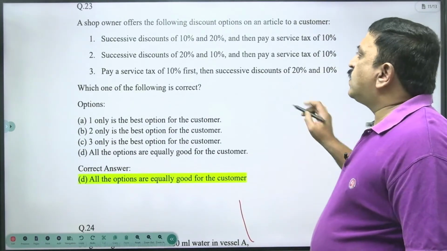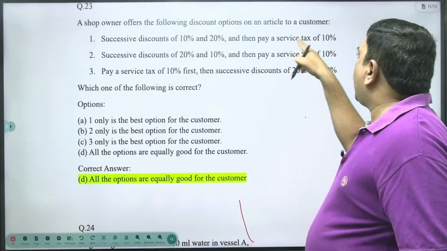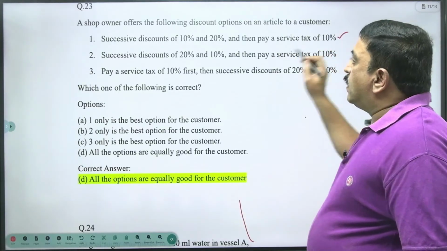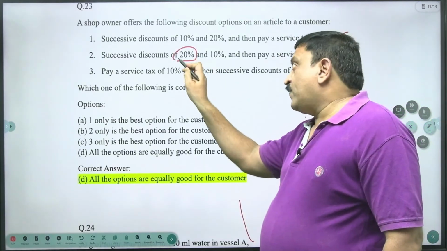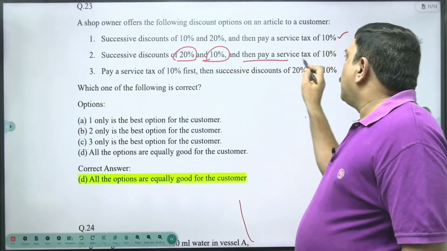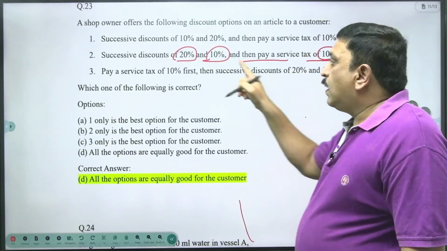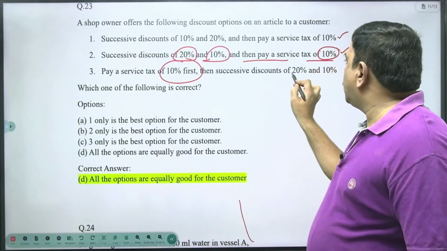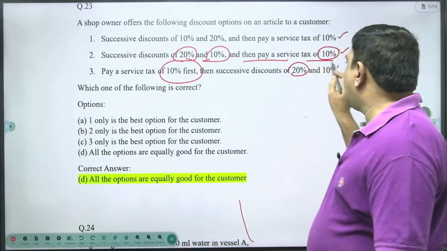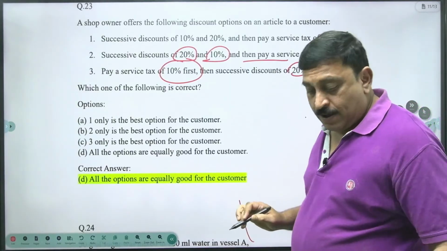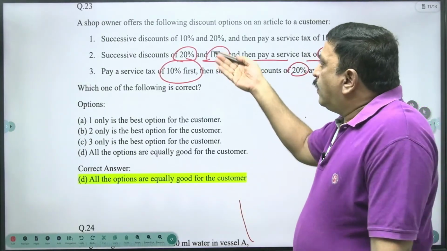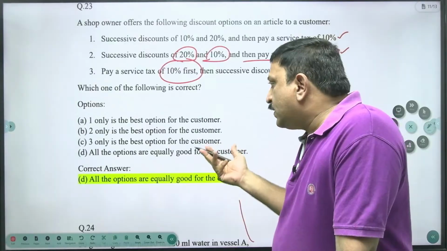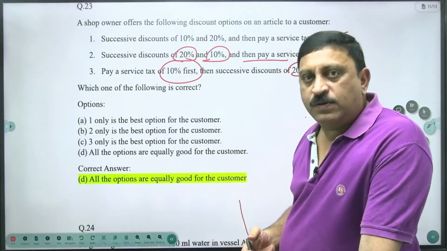Successive discounts of 10% and 20%, and then pay service tax of 10%. Or pay a service tax of 10% first, and then successive discounts of 20% and 10%. Here they're asking whether these are the same or different.